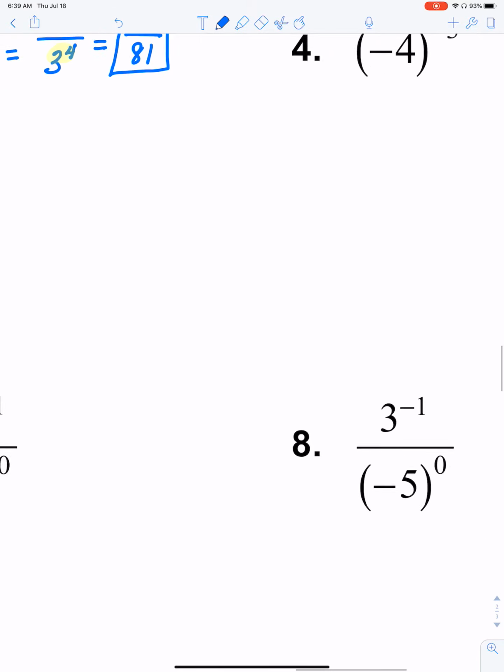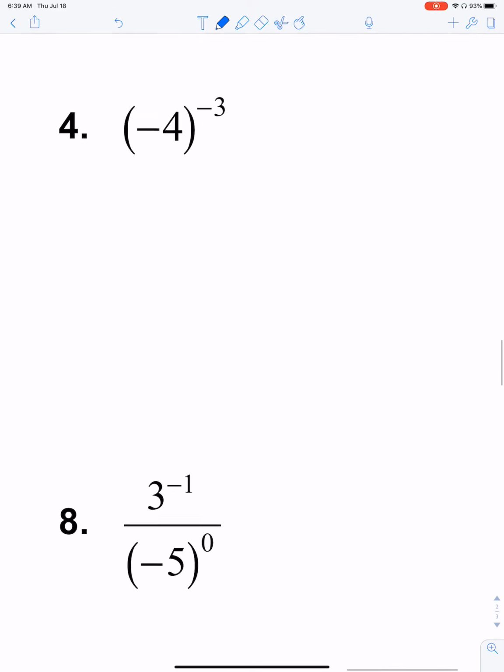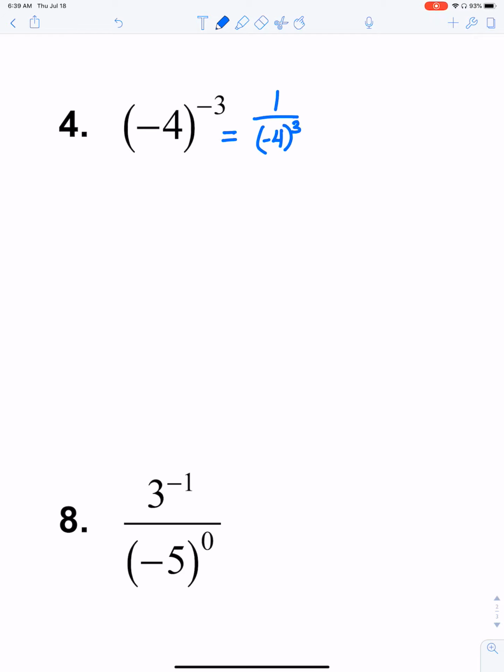Number 4. Oops. Negative 4 to the negative third power. Again, another two-stepper. The first thing I want to do is bring that down into the bottom. So it's going to become 1 over negative 4 to that third power. Now, negative 4 to the third power, keep in mind, it's negative 4 times negative 4 times negative 4.